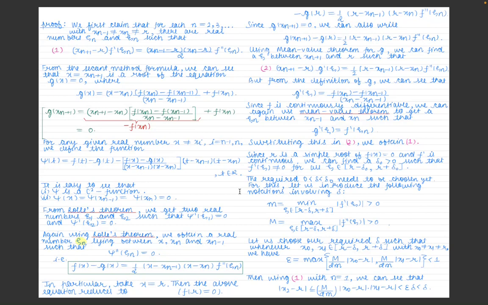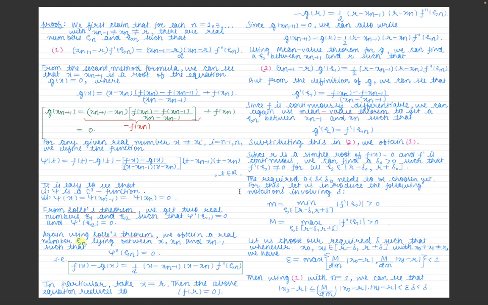Let's call this real number zeta. So real number zeta n lying between xn and xn minus 1 is the final number such that xi double dash of zeta n is 0.